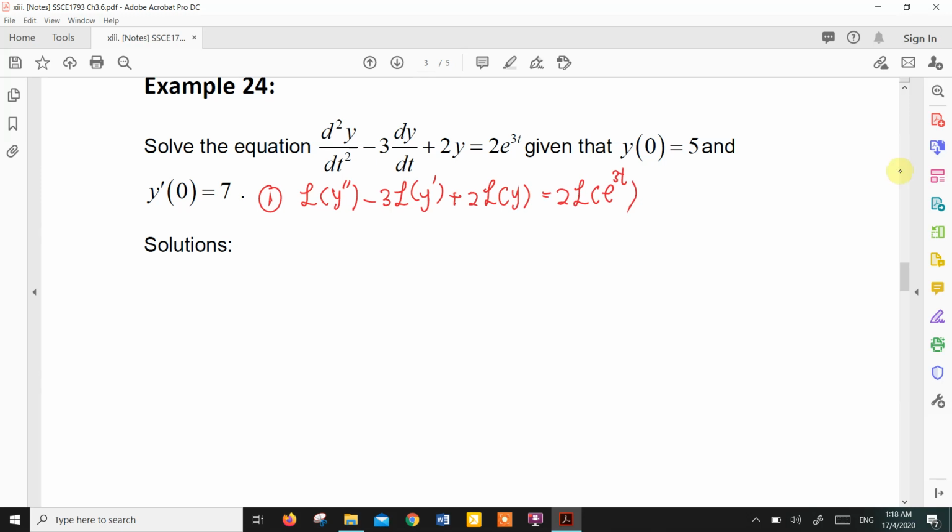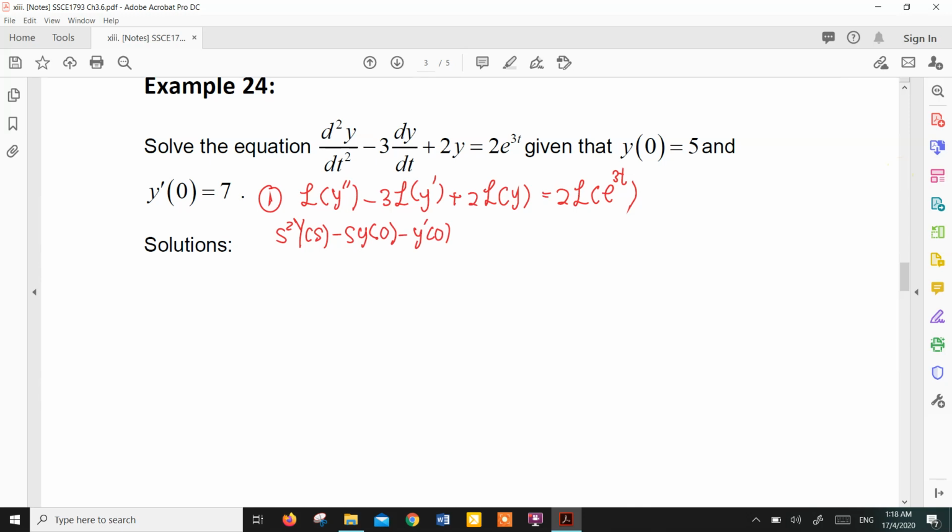Transform of derivative for y double prime: your s starts from s squared because this is double prime, so s squared Y(s) minus s y(0) minus y prime (0), because the power reduces by 1.